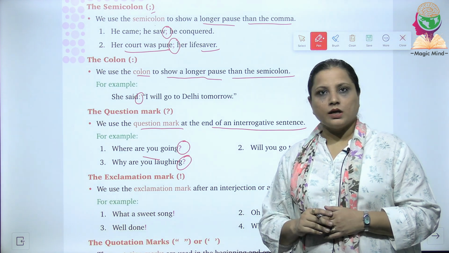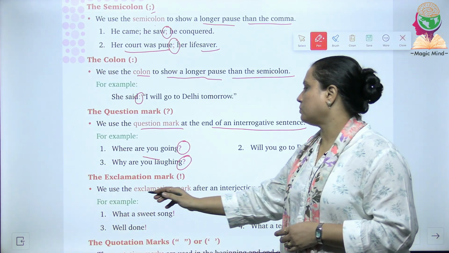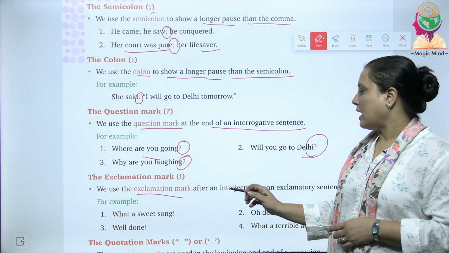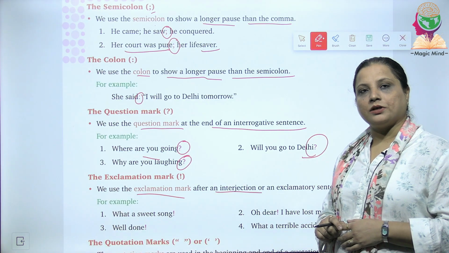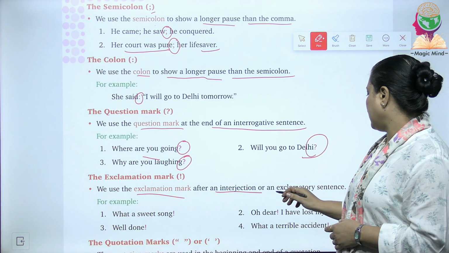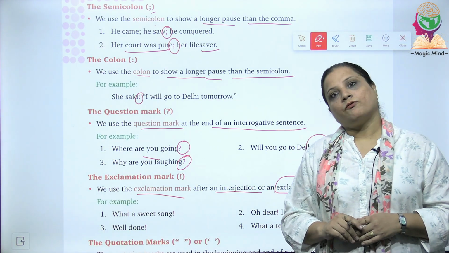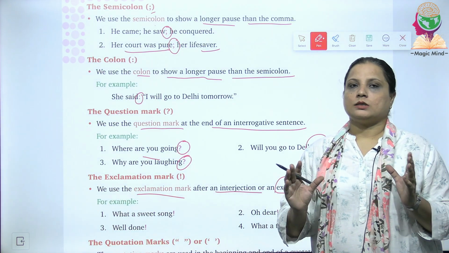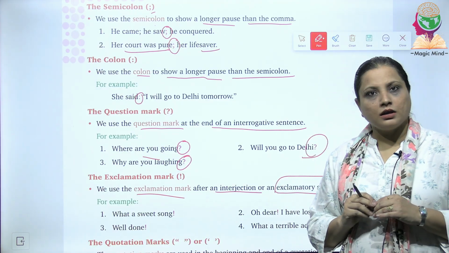Then the next one is the exclamation mark. Exclamation mark is used after interjections. As I told you earlier, in your previous chapter on interjections, or you can say an exclamatory sentence, we express our feelings, and those feelings are expressed by special words with an exclamation mark at the end.